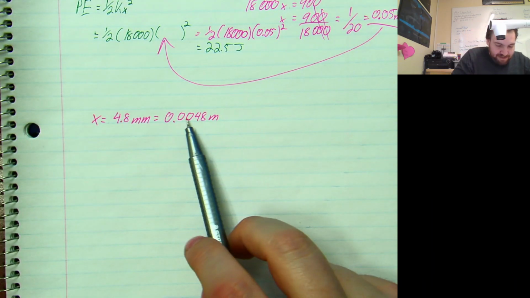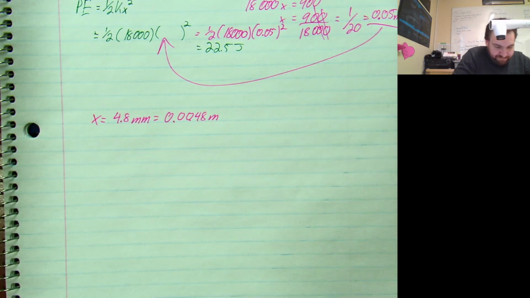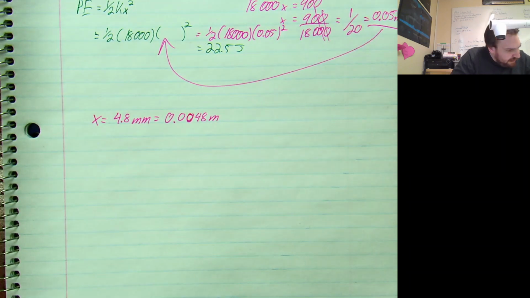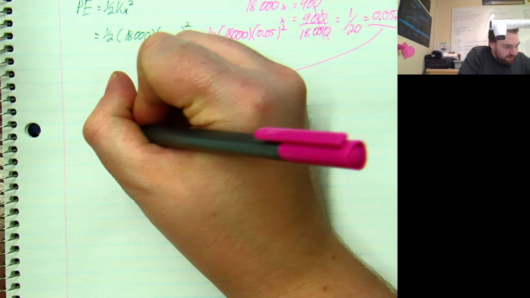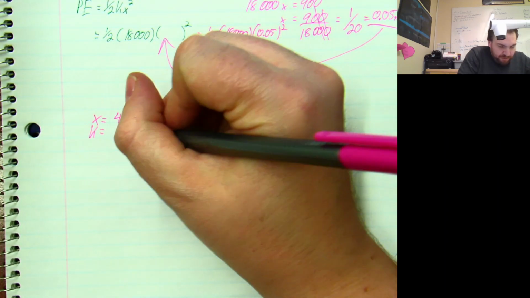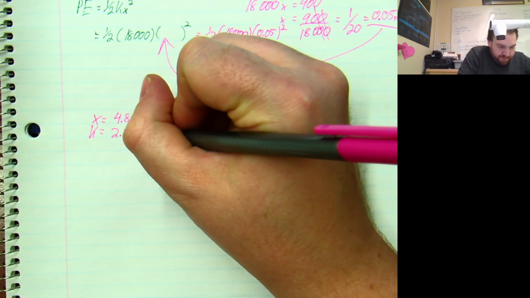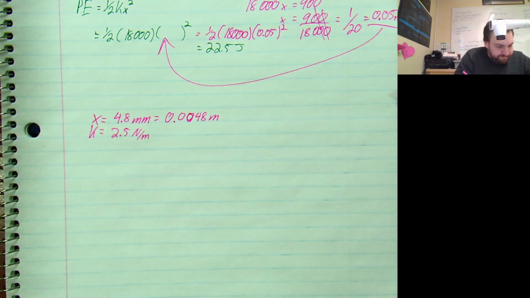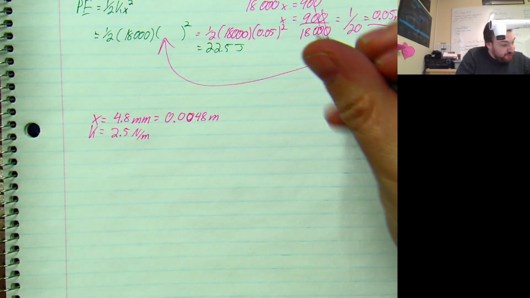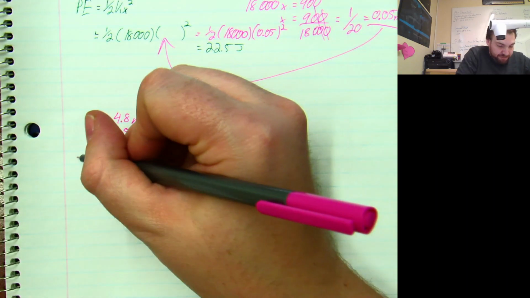We are told the spring constant is 2.5 newtons per meter. And we are told that there are 12,500 keystrokes.